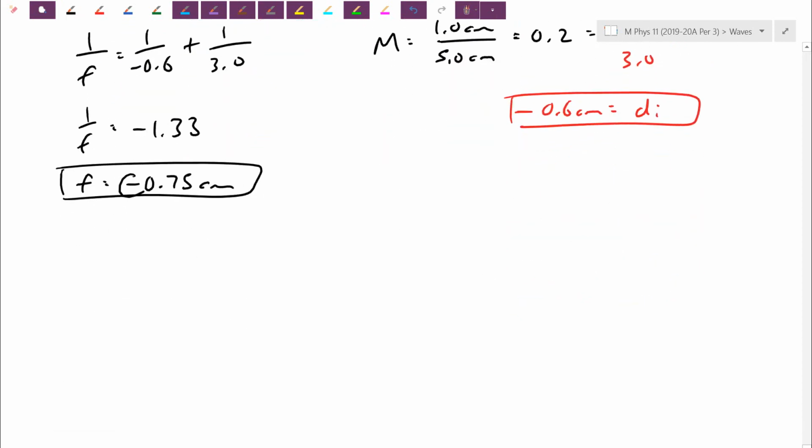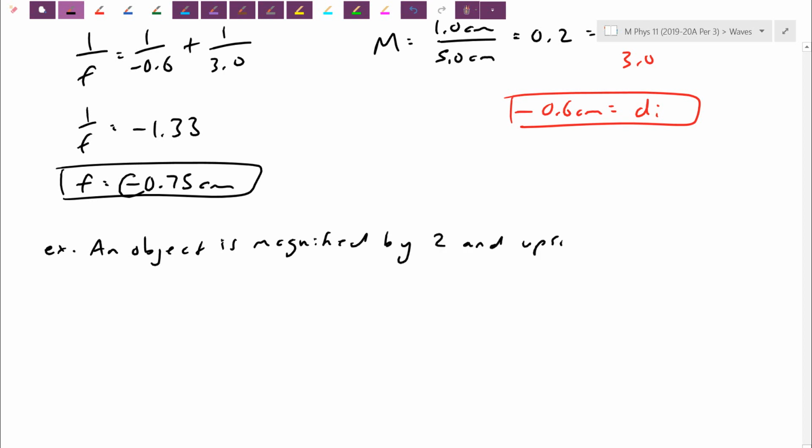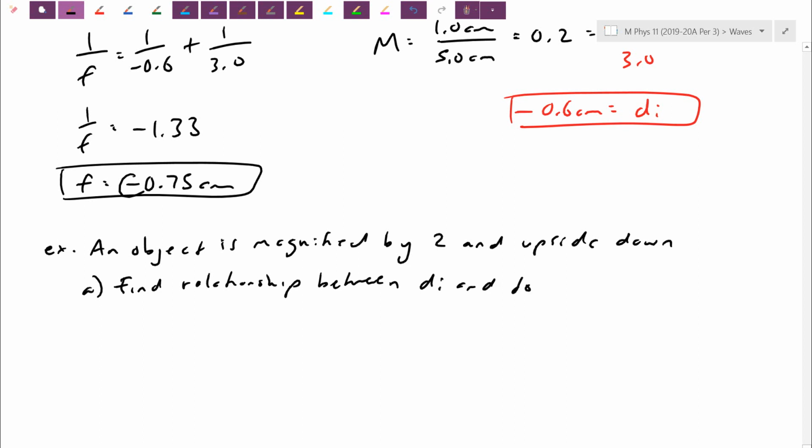I'm just going to leave you with another question to practice. An object is magnified by 2 and upside down. Find the relationship, it's just a ratio this time, between di and do.